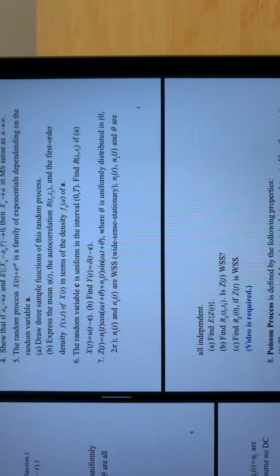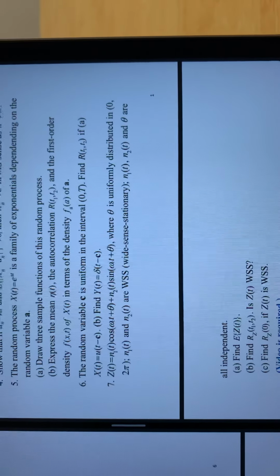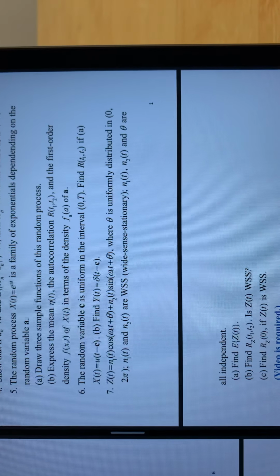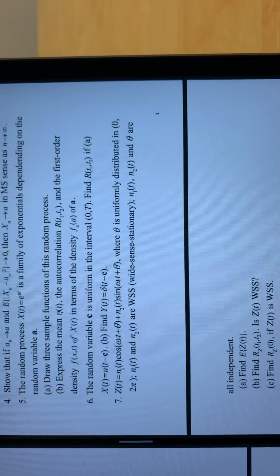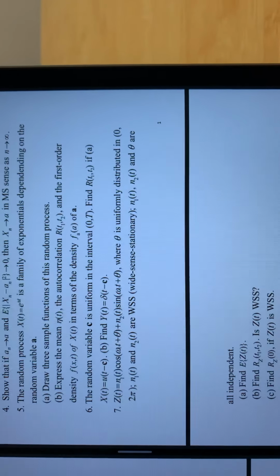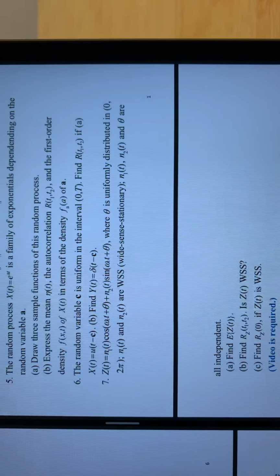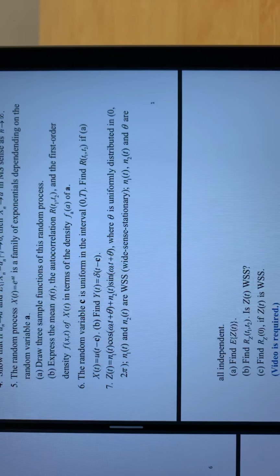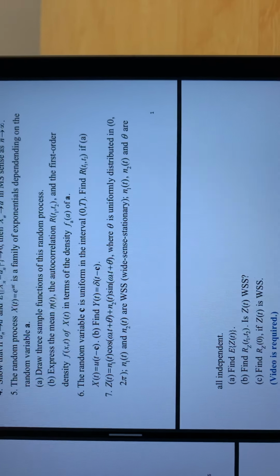Okay, let's come to this question. We have a stochastic process Z(t) that's N1(t) cosine(omega t plus theta) plus N2(t) sine(omega t plus theta), where theta is uniformly distributed from 0 to 2 pi, and N1(t) and N2(t) are wide-sense stationary, and N1(t), N2(t), and theta are all independent.